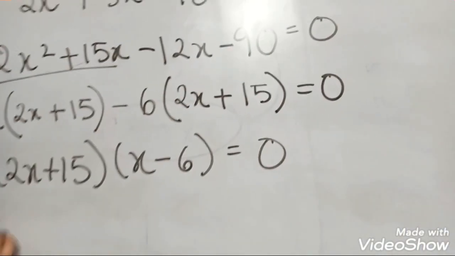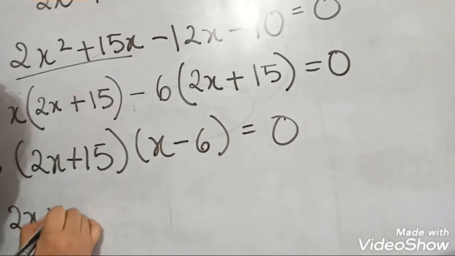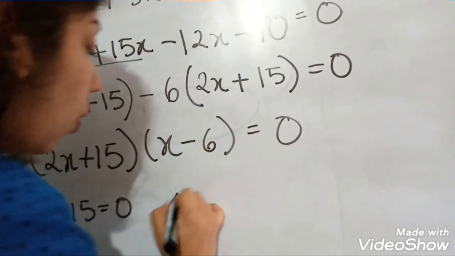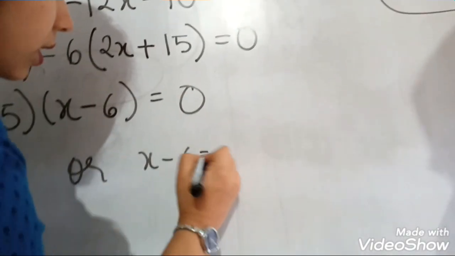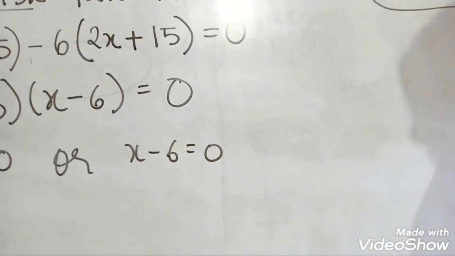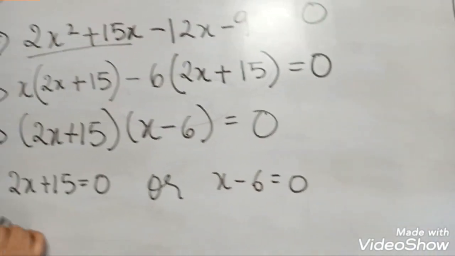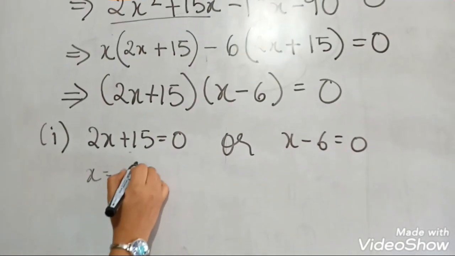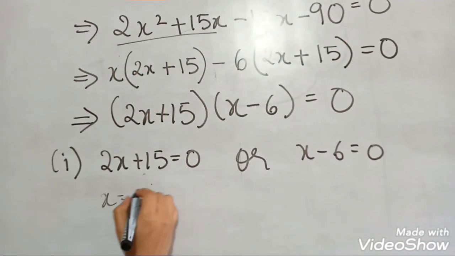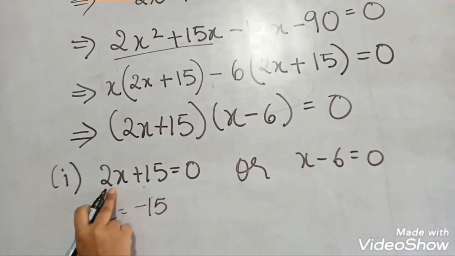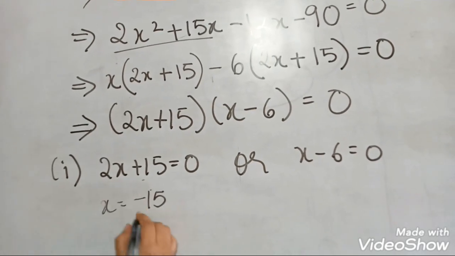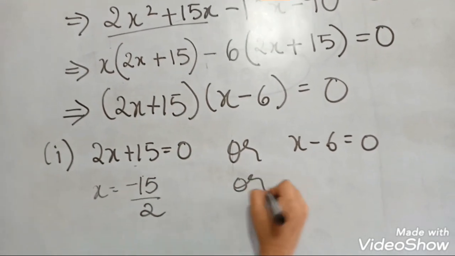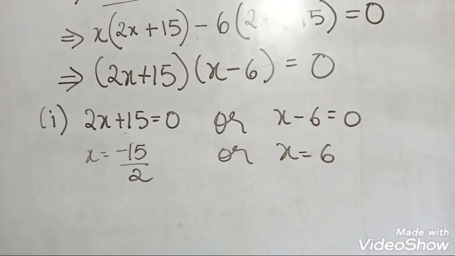The first will be 2x plus 15 equals 0 or x minus 6 equals 0. Let us solve this. x equals minus 15 upon 2, since plus 15 shifts to the RHS as minus 15 and 2 goes into division, or x equals 6.